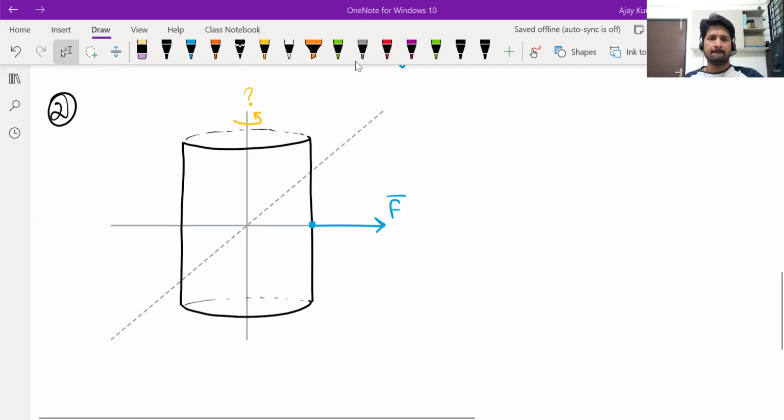No, sir. Okay. Aishwarya, what is your answer? Sir, no. It cannot. Okay, that is correct. How are you able to say that? Vanilla, you tell me, how are you able to say that it will not rotate the cylinder about the y-axis?